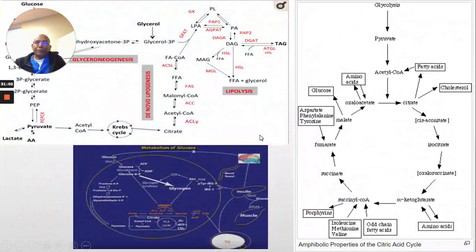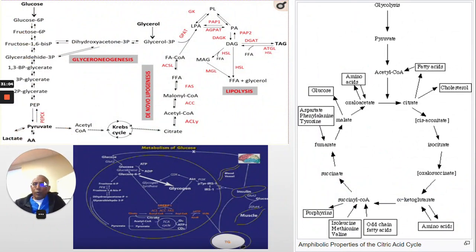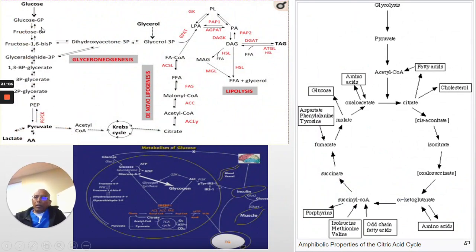Now, we were talking about these pathways wherein glycolysis happens and ends up with pyruvate production, and this pyruvate produces the acetyl CoA. Now, acetyl CoA comes into this Krebs cycle, and also then in this Krebs cycle, the fatty acids are formed, and these fatty acids then combine together and convert into triglycerides.